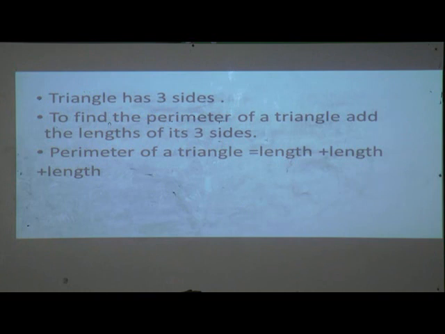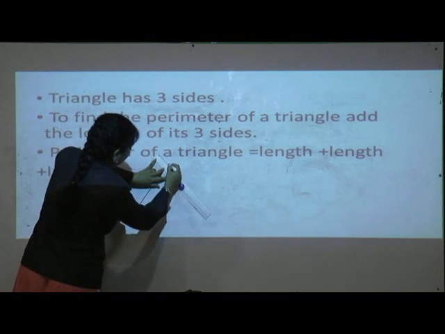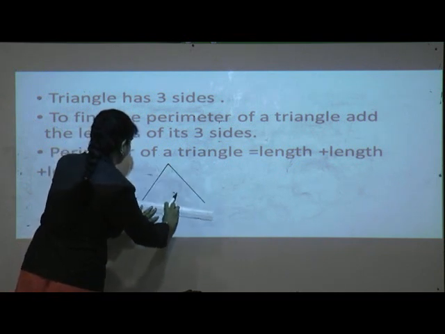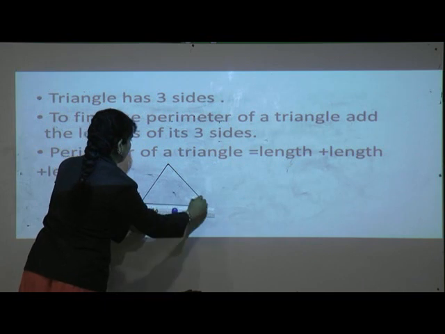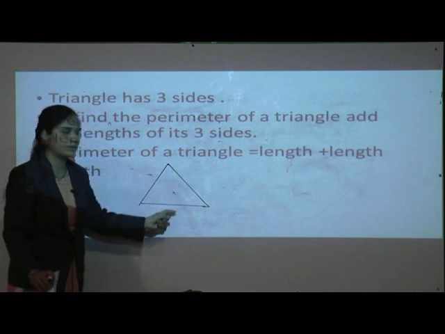And how to find the perimeter of a triangle? See, a triangle has three sides. All of you know a triangle has three sides. To find the perimeter of a triangle, add the lengths of its three sides. Here, this one is a triangle, and it has three sides, first, second and third.